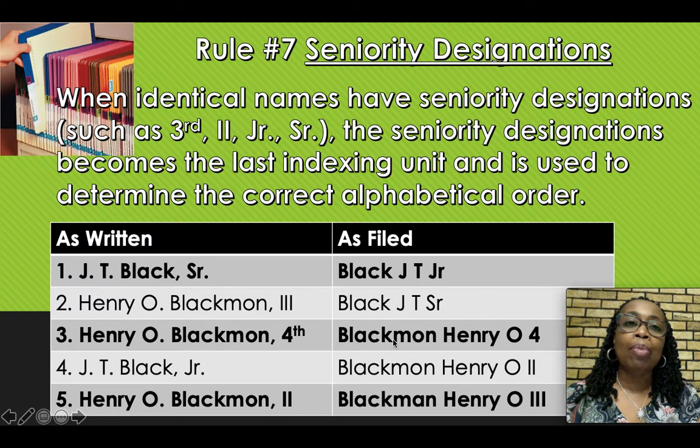So in Blackman the fourth, 4 comes before the Roman numeral 2 because the numeric number 4 comes before a Roman numeral. And then we have Blackman the second and Blackman the third. This is the rule for seniority designation in determining the correct alphabetical order.